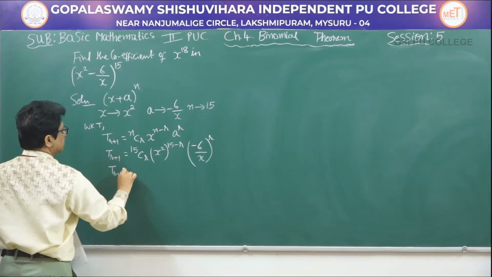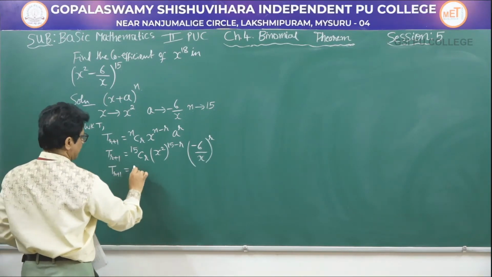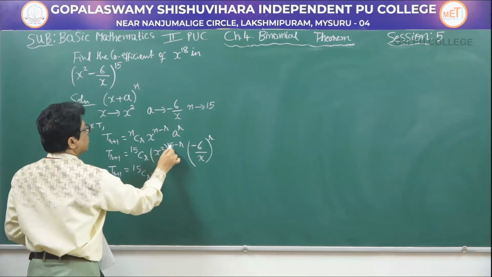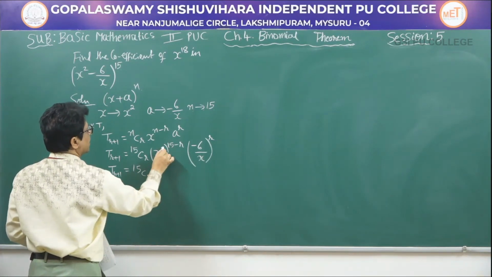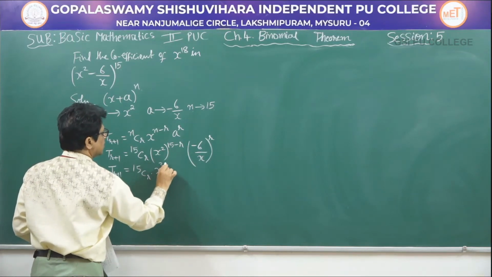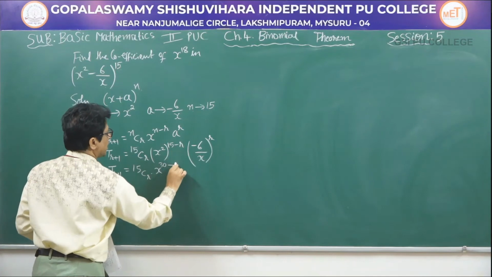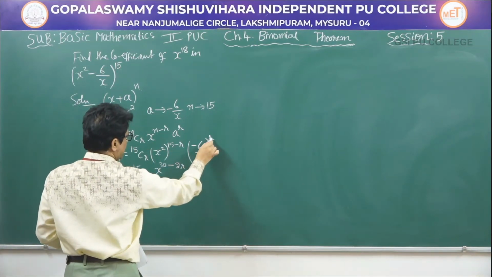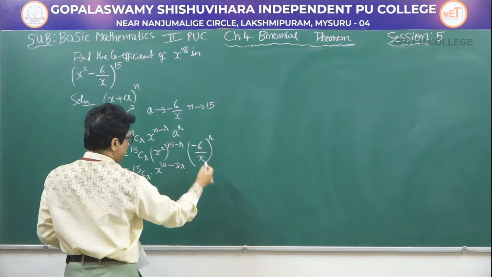T(r+1) is equal to 15Cr into (a^m)^n is a^(mn), that is x power 2 into (15 minus r), 30 minus 2r, into (a by b)^n is a^n by b^n.